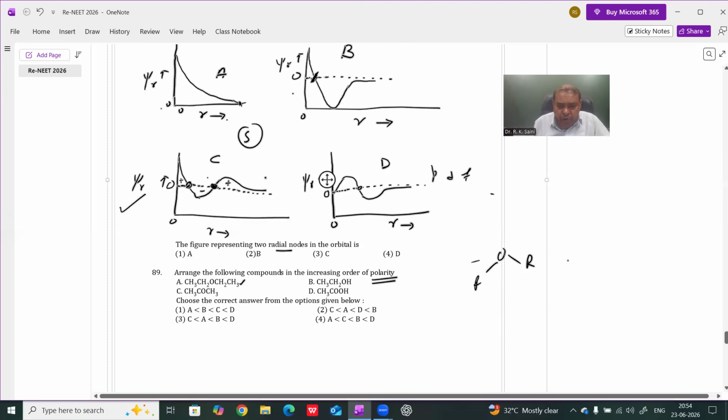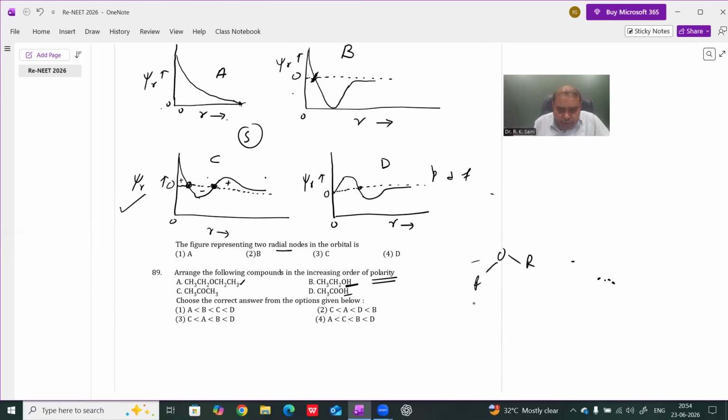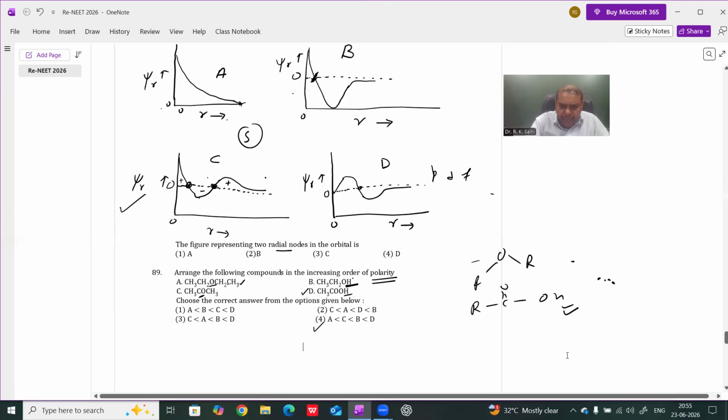In alcohol, there is hydrogen bonding, a polar protic solvent. In acid, there is a highly polar carbonyl group as well as hydrogen bonding tendency. Therefore, the highest polarity is acid, then alcohol, then ketone due to C=O, and the least polar is ether. Option 4.